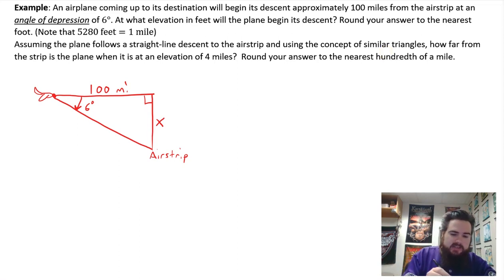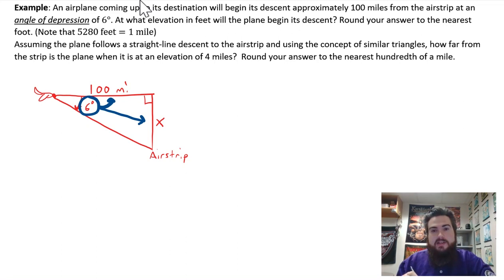In this case, the angle measure we have here is the 6 degrees. We have the side that is adjacent to it, that is next to it, and we are trying to solve for the side length that is opposite of it.